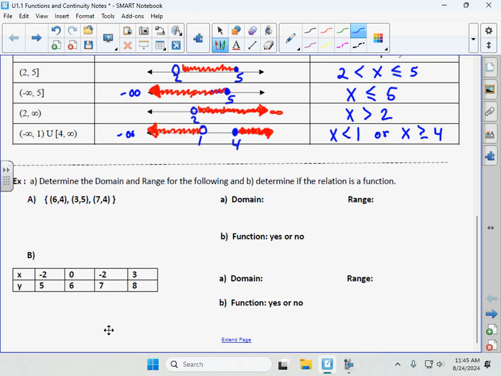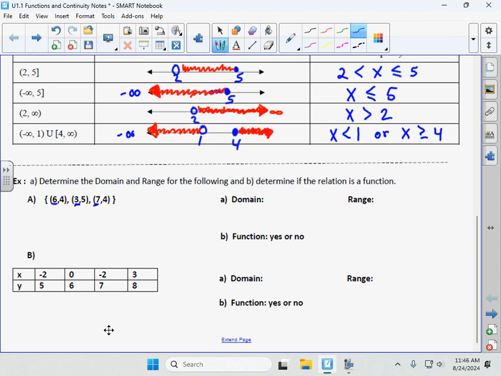This next example says determine the domain and range of the following, and then determine if the relation is a function or not. So the domain, again, are the x values of your ordered pairs. Our x values are 6, 3, and 7.